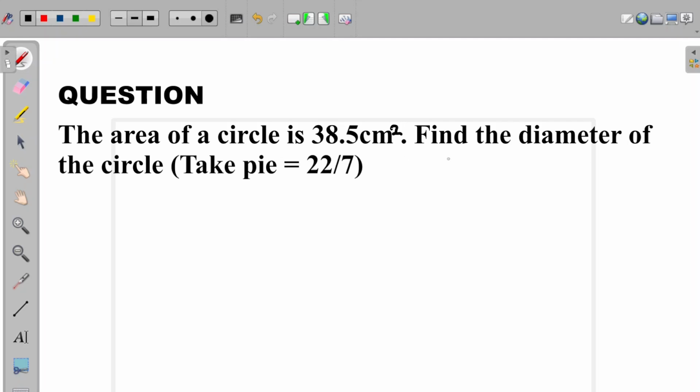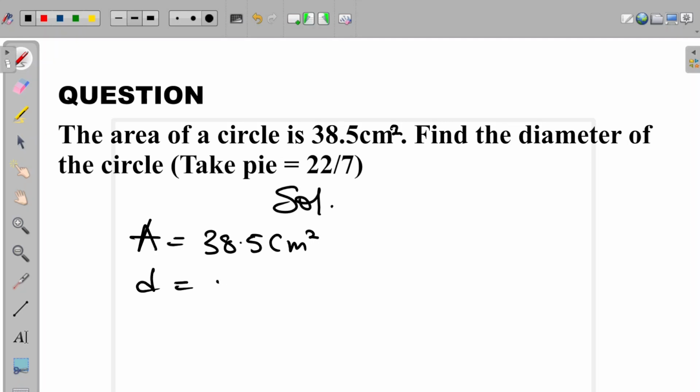Now we are given that the area of a circle is 38.5 cm squared. We are asked to find the diameter of the circle. We should take pi as 22 divided by 7. So given to us is the area, which is 38.5 cm squared, and we are asked to find the diameter, which is 2 times our radius.